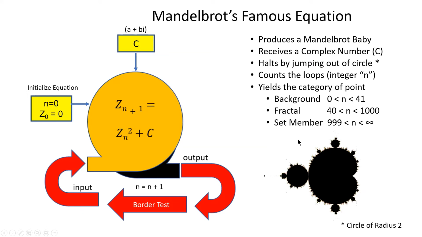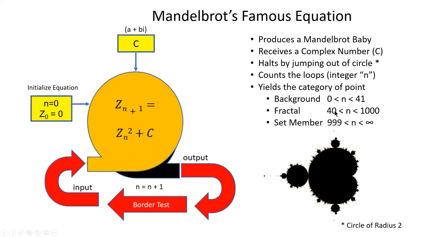Well, let's say you pick a point on a fractal that lives on the surface of the baby. You pick one of those points, you feed it to the equation. Well, n comes back. If it's greater than 40 and less than 1,000, it's a fractal. So you can color a fractal anything you want, really.